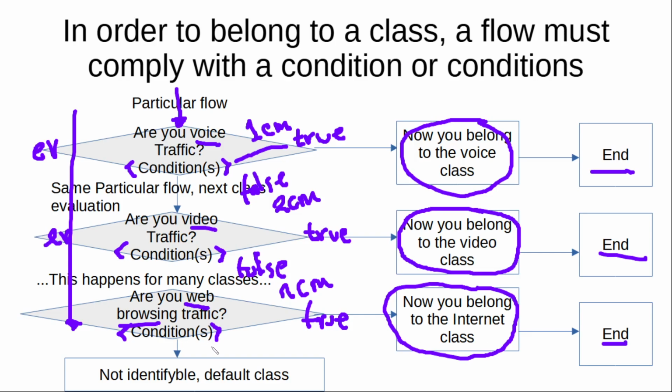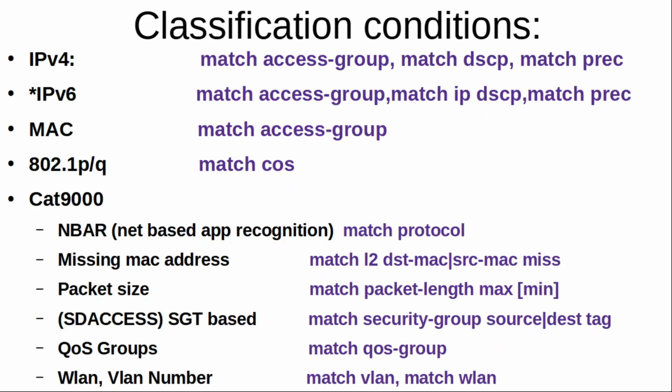But if the conditions for this final class map happen to evaluate this flow as not conforming to these conditions, I'm going to say that this flow will belong to the default class for this interface. This is how the classification process works with Cisco.